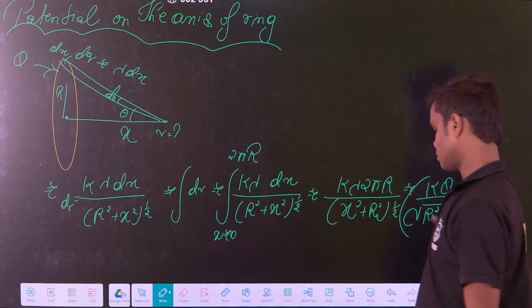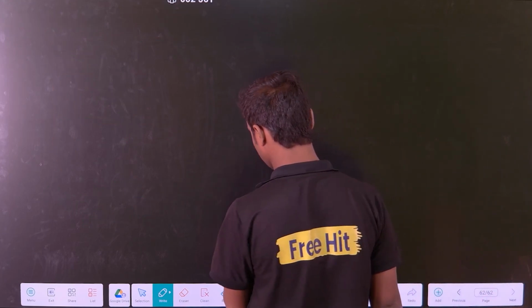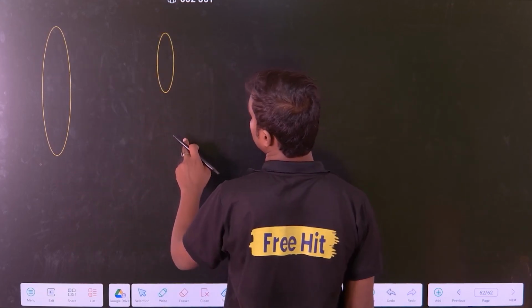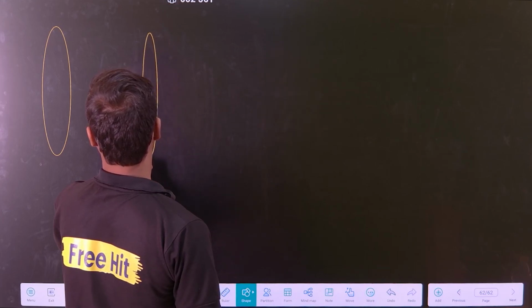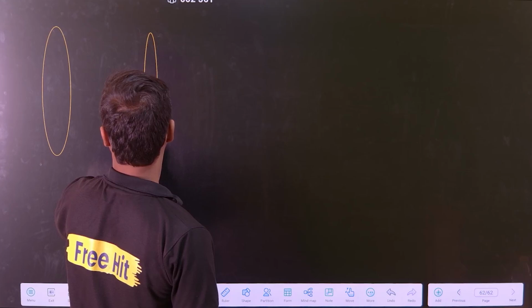Clear? So there is one example, a previous year question on this only. What is the question? Let us see. Suppose there is one ring here, there is another ring. These are the two rings.